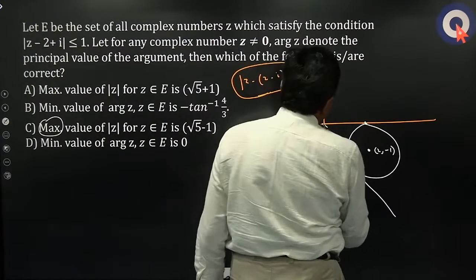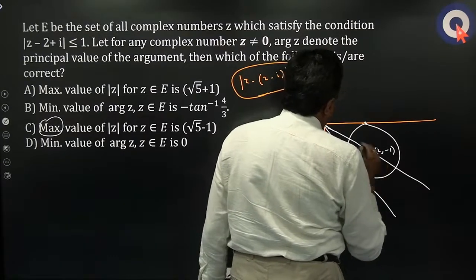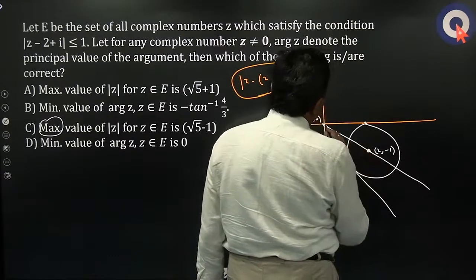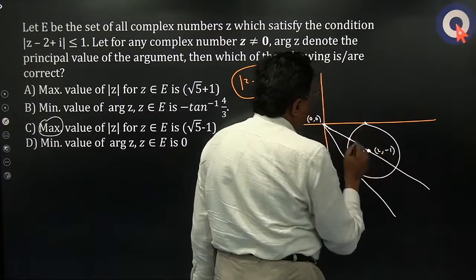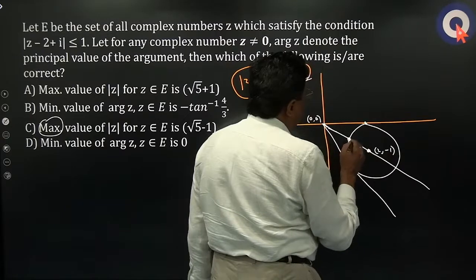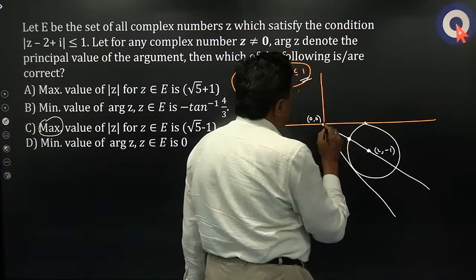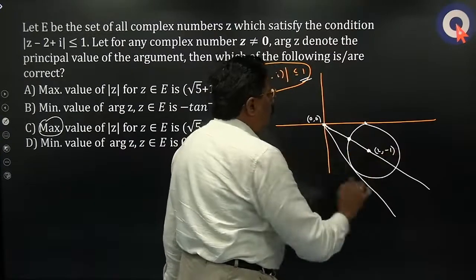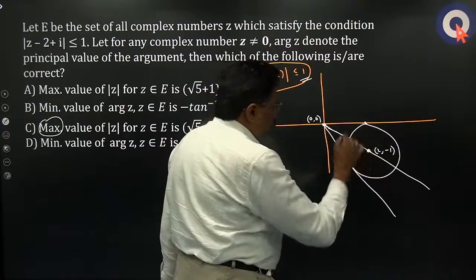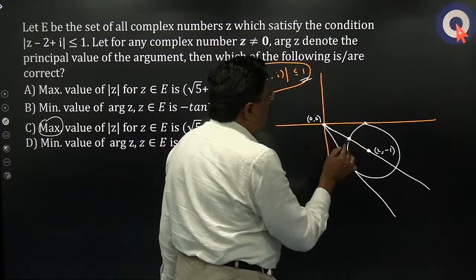Let me also draw this line. Now, z can be anywhere on the circle. Mod z will be minimum when z is here, because mod z means the distance from 0, 0 to the moving point z. So when z is here, mod z will be minimum.